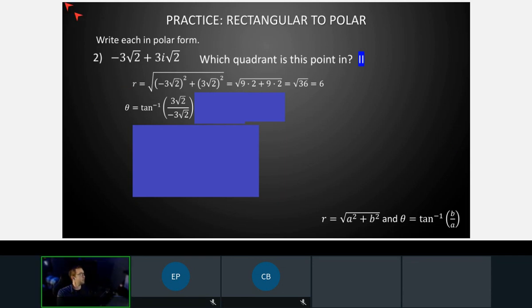Oh yeah, that's actually really easy to see, right? It's really easy to see -1. So we need to be in quadrant 2, correct? So looking at the angles in quadrant 2, inverse tan of -1 is what?